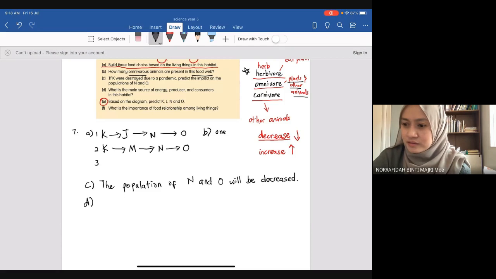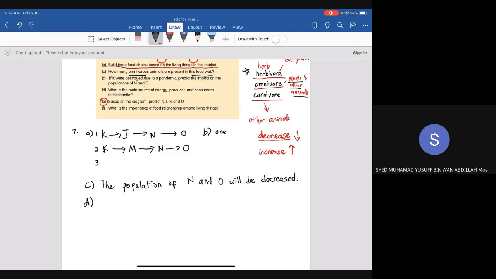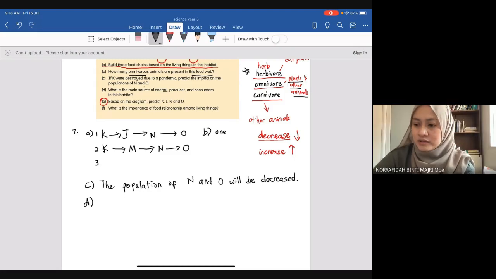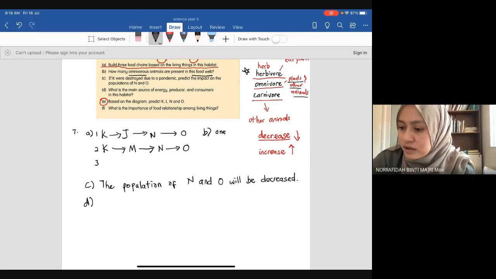Okay, so next one. D. What is the main source of energy for producer and consumers in this habitat? What is the main source of energy for producer? Sun. Okay, good. The sun. So you write down producer like this. Producer. You write down the sun.